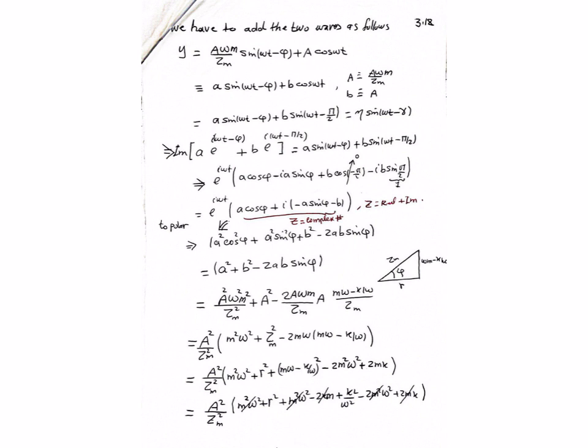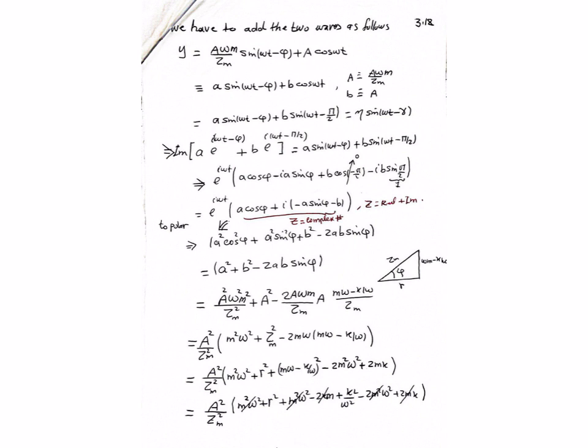First, we have to find what's Z squared m, which is A squared cosine squared phi plus A squared sine squared phi plus B squared minus 2AB sine phi. Using sine squared phi plus cosine squared phi equals 1, we are left with A squared plus B squared minus 2AB sine phi. Now we have a squared omega squared.